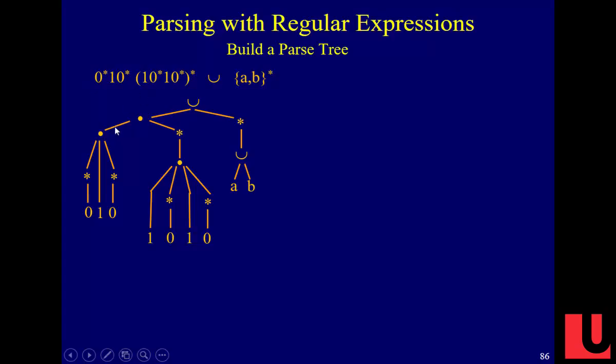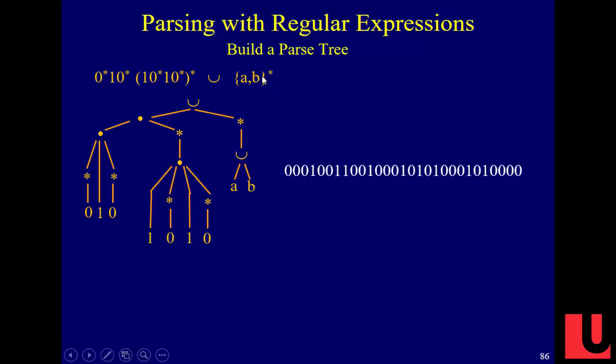And on this bit, we have the concatenation of 0 star, 1, and 0 star. And over here, we have this thing starred, so that's this star. And what do we have there? Well, in here we have the concatenation of 1, 0 star, 1, 0 star. Everybody see how I'm parsing the regular expression?